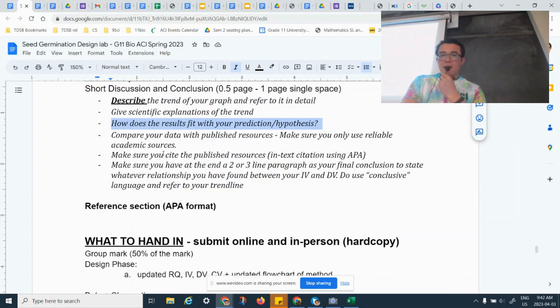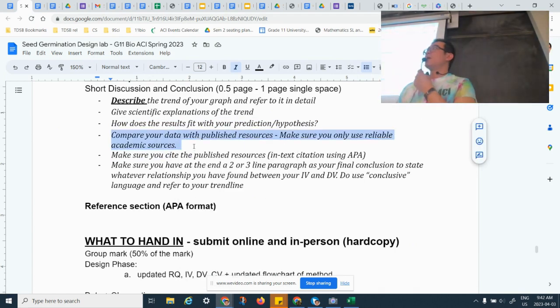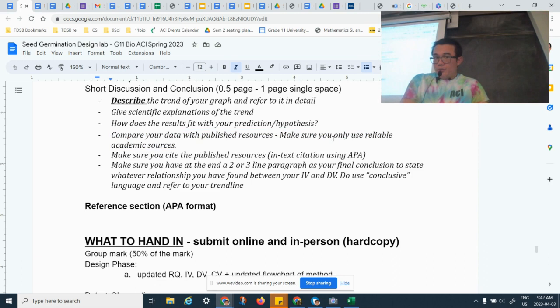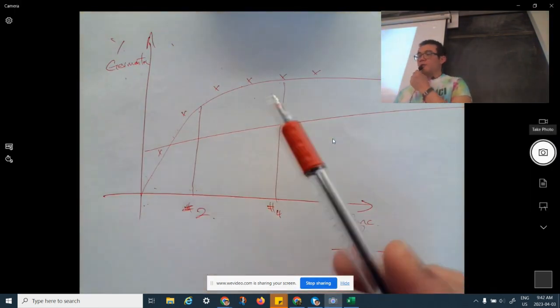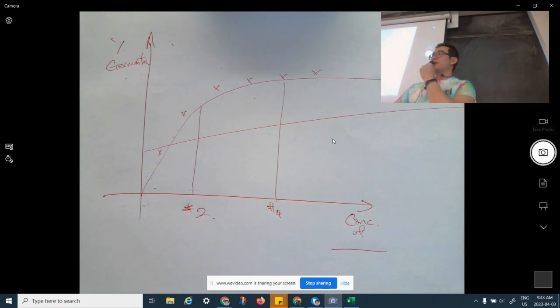Now, this part here is important because in science, your result could be whatever it is, but it might be different from the textbook or other experimental results. So this is the part where you compare your data with published sources. For example, let's say, best case scenario, you found another experiment online that is doing exactly the same kind of thing.